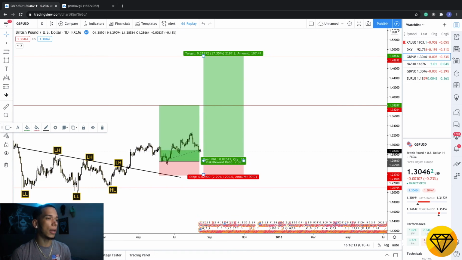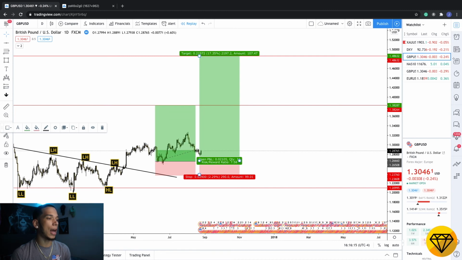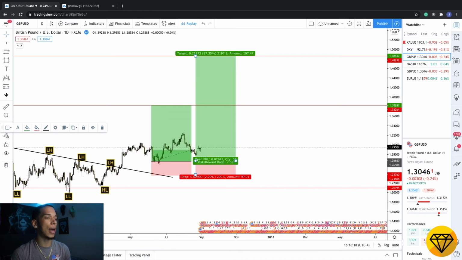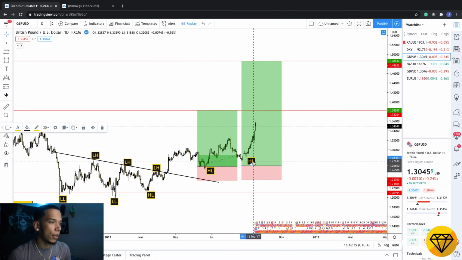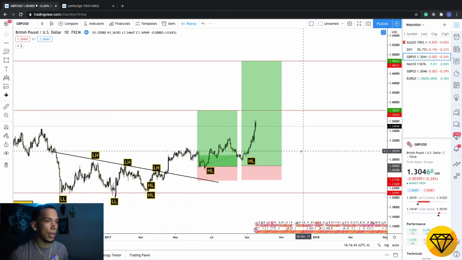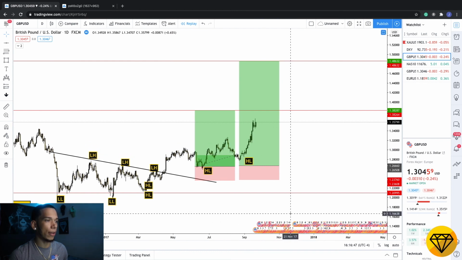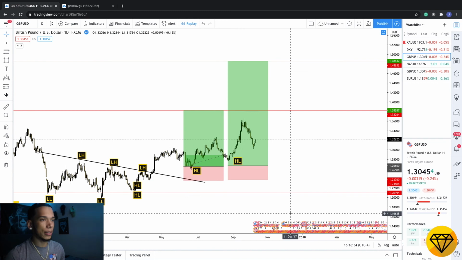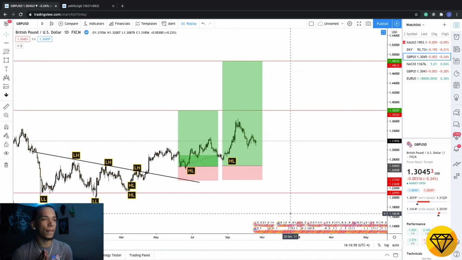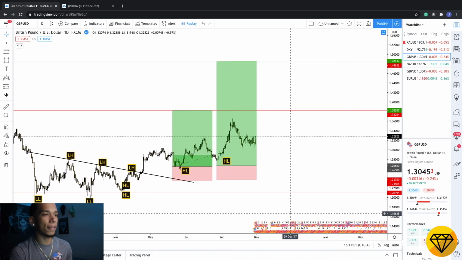You can see that price is making higher lows and higher highs. We have a higher low here and a higher low here, and we have higher highs on the upside. So you've essentially caught the reversal of the trend with a safe trade.